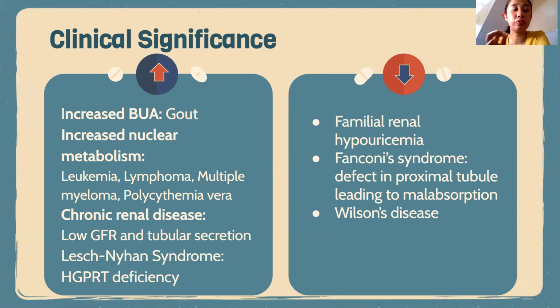And we have chronic renal diseases, and Lesch-Nyhan syndrome. Lesch-Nyhan syndrome is very interesting. This is an X-linked recessive disease, a rare one, in which only men are affected and women are carriers.